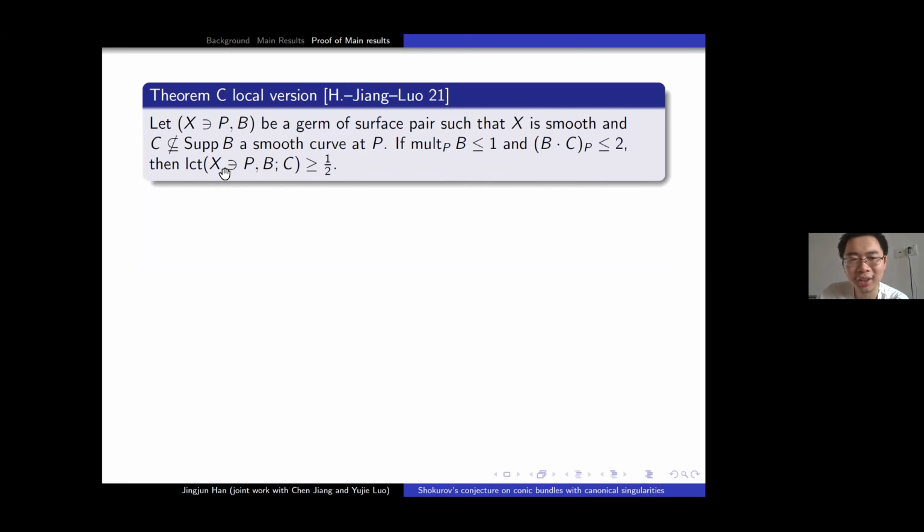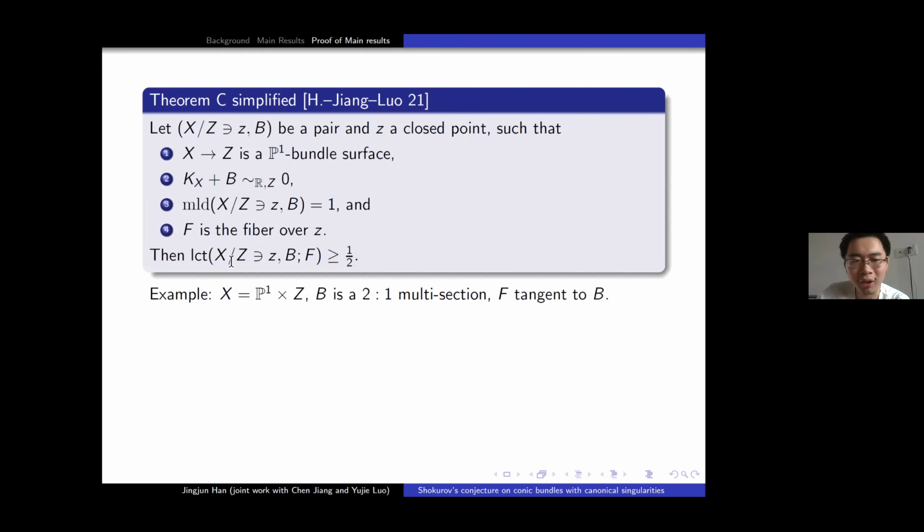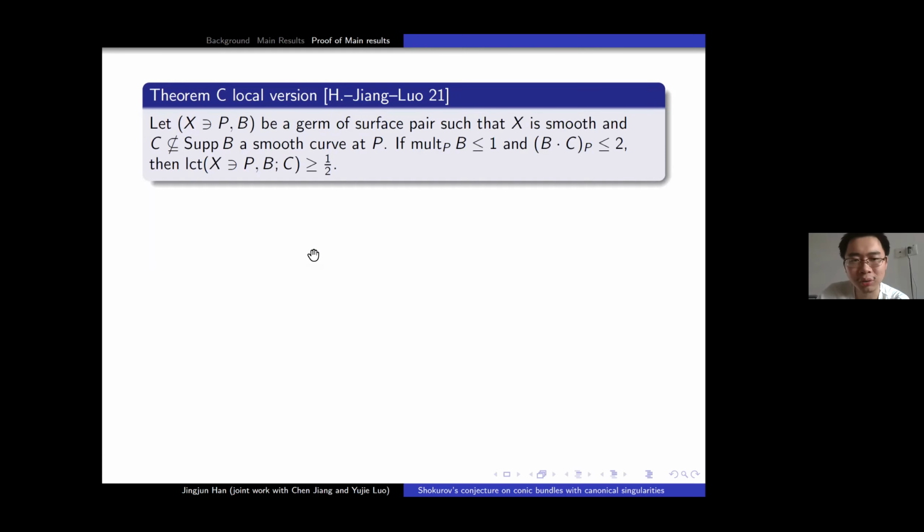And then in this case, it suffices to show that the log canonical threshold of this relative pair XB with respect to C is larger than or equal to 1/2. Because if all the closed points P on the fiber F satisfy this inequality, then the inequality holds for this relative pair XB F. So it suffices to show the simplified version of theorem C in this local setting.